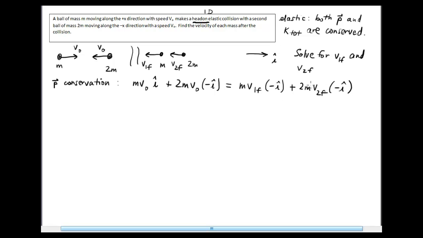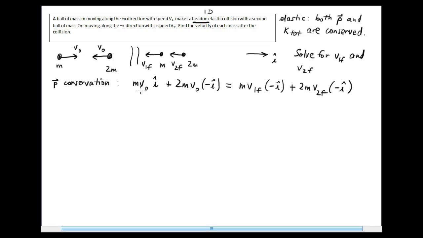I could put the minus sign out in front if I wanted, but this way you can see that each term has a magnitude, that's a mass times a speed, and then the direction of the vector is indicated with the plus or the minus I hat.